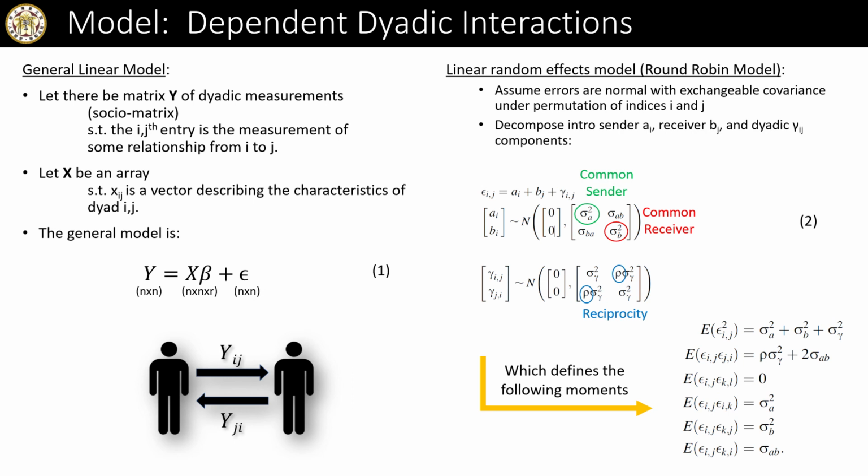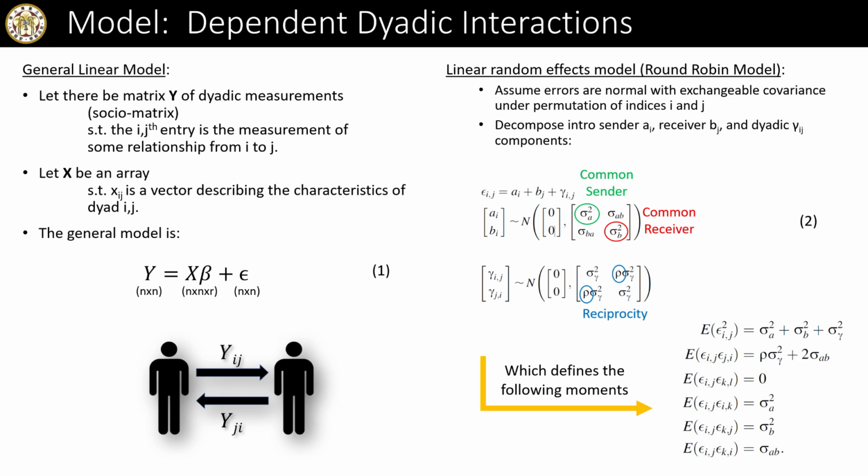And so in kind of matrix form, we get y equals x beta plus epsilon, which is our error term. You can see in my little graphic there's directional interactions. We have the observed actions of i on j, as well as the observed actions of j on i in this dyadic data.